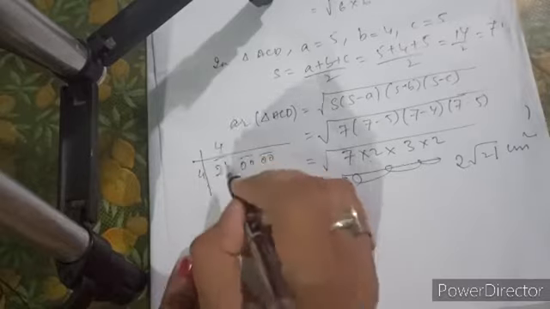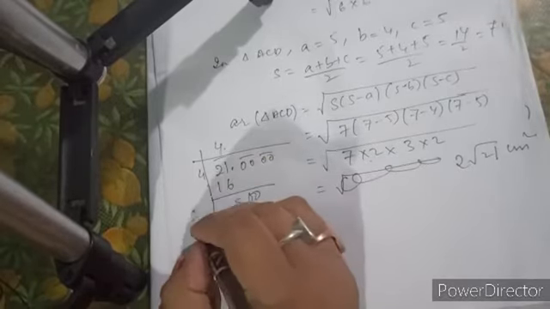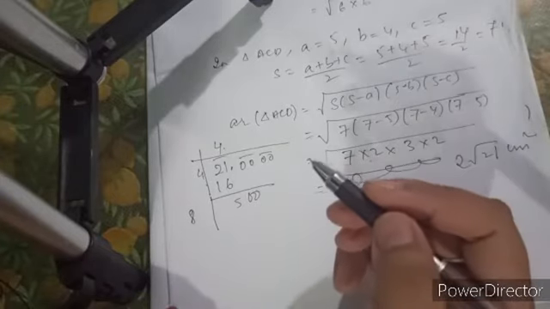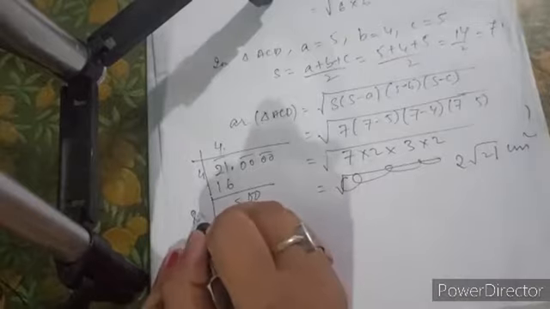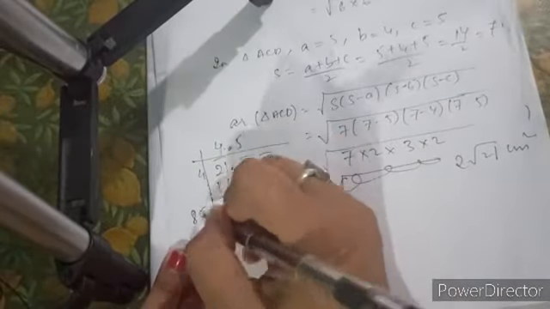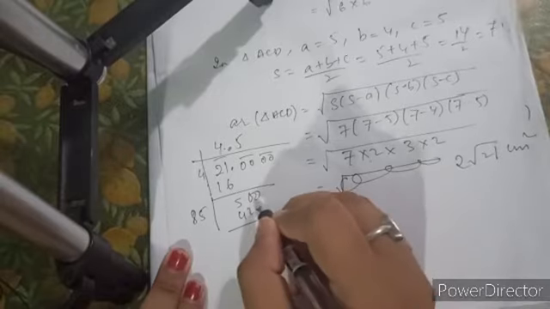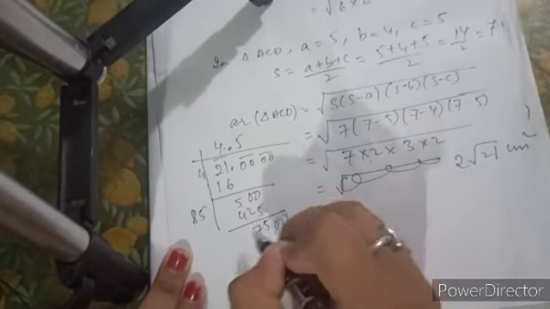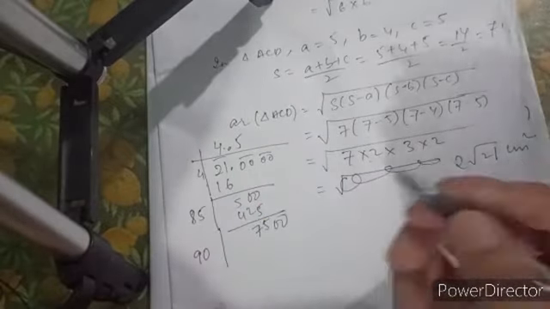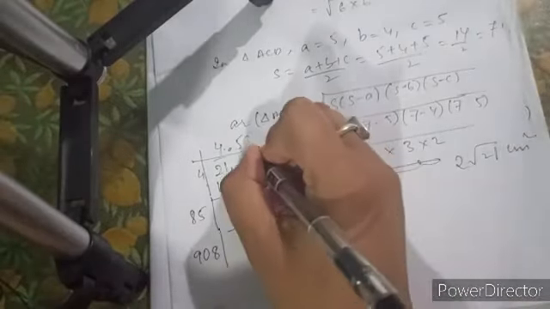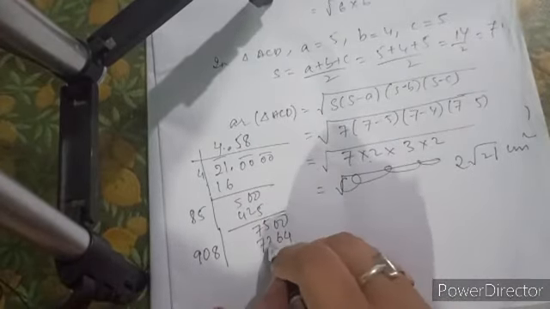Okay, so 4 4s are 16, 5, 2 zeros will come directly, 4 plus 4 will be 8. So if I take 5, so 5 into 5, 25, 57. Then 2 zeros will again come down. So 85 plus 5 will be 90. So here 8 into 8, 64, 8 into 9, 72.